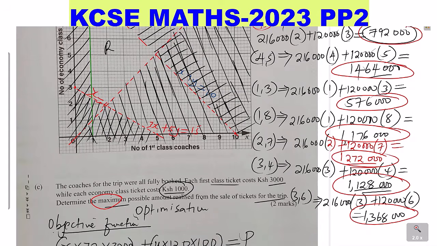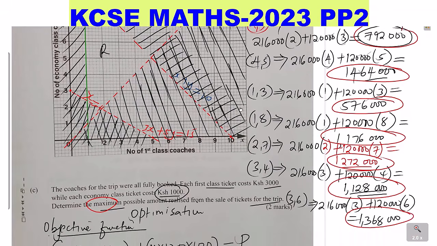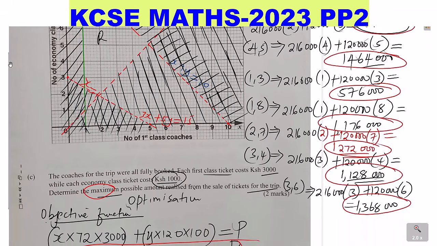The highest among all these is 1,464,000, and that is (4, 5), meaning number of first class coaches 4, number of economy class coaches 5.